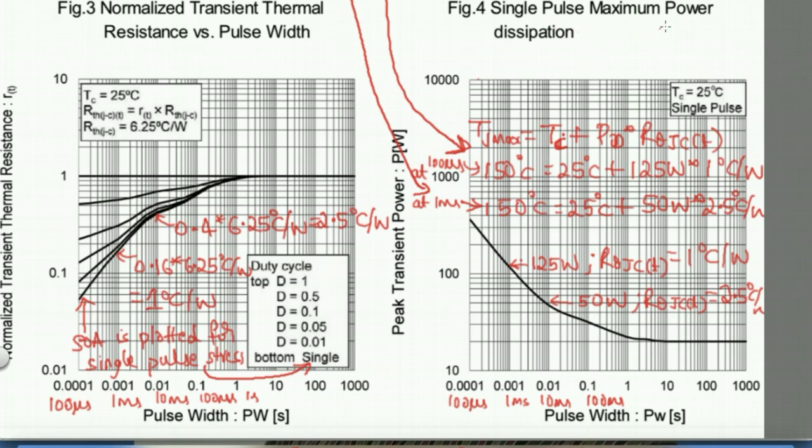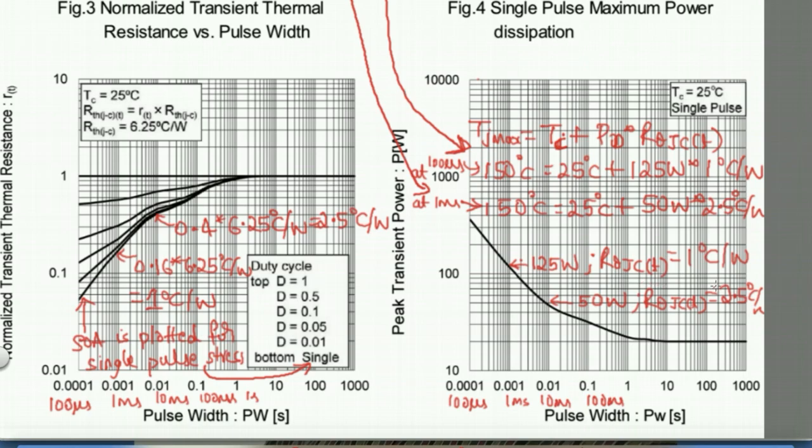Figure 4 provides the single pulse maximum power dissipation. At 1 millisecond, the peak pulse power is 125 watt, and as we know, at 1 millisecond the applicable junction to case thermal resistance is 1 degree Celsius per watt.